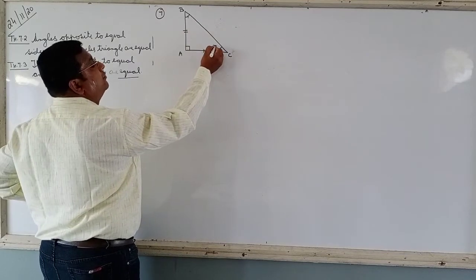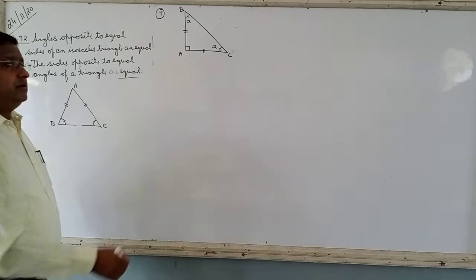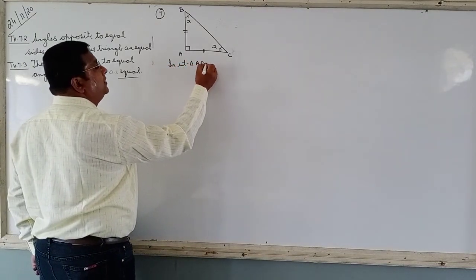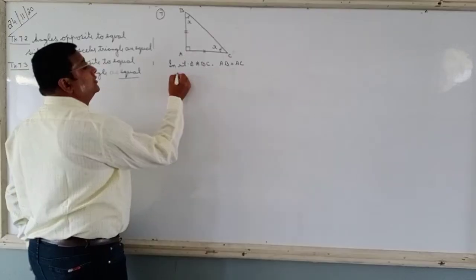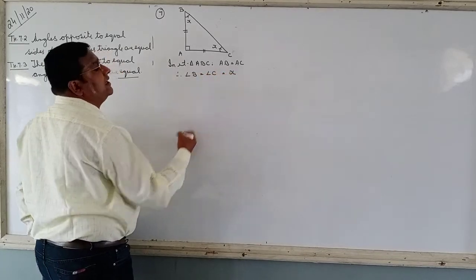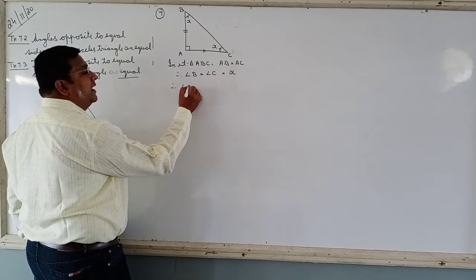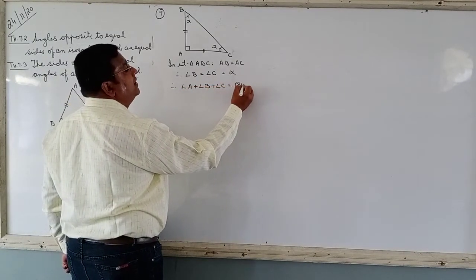If these two angles are equal, let them be as x. What is the sum of angles in a triangle? 180. In right triangle ABC, AB is equals to AC. So therefore, angle B is equals to angle C. Let it be as x. So angle A plus angle B plus angle C is equals to 180.